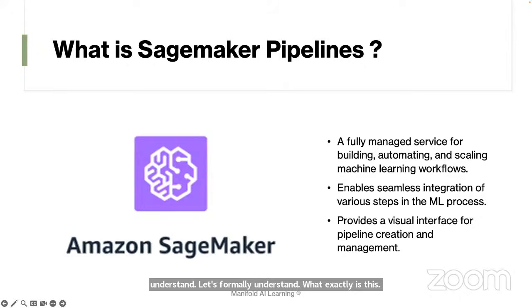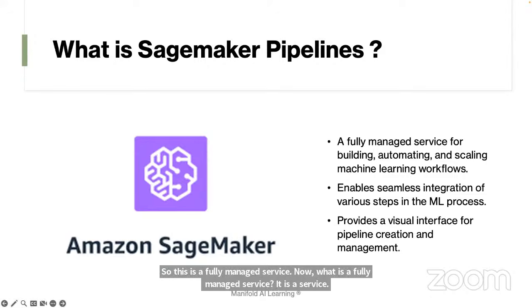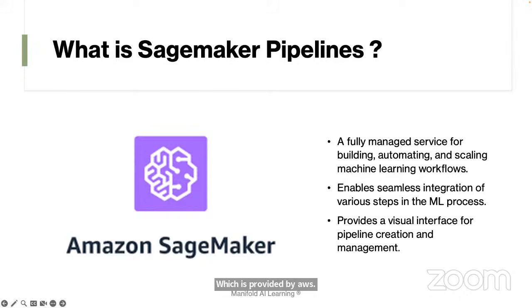Okay, so here, when we talk about this SageMaker pipeline, this SageMaker pipeline is a fully managed service for building, automating, and scaling the machine learning workflows. Okay, so this is a fully managed service. Now, what is a fully managed service? It is a service which is provided by AWS, where we don't have to worry about its infrastructure.